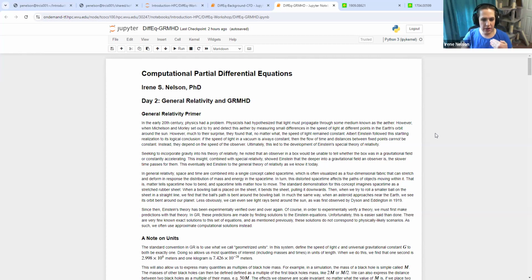One major thing that was starting to come up was the propagation of light. To this point, physicists had hypothesized that light should propagate through some medium known as the luminiferous ether. However, Michelson and Morley set up an experiment to try and detect this ether by measuring small differences in the speed of light at different points in the Earth's orbit around the sun.